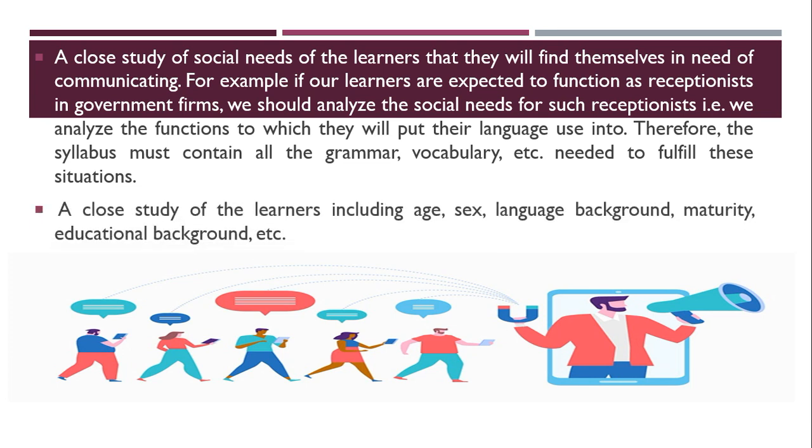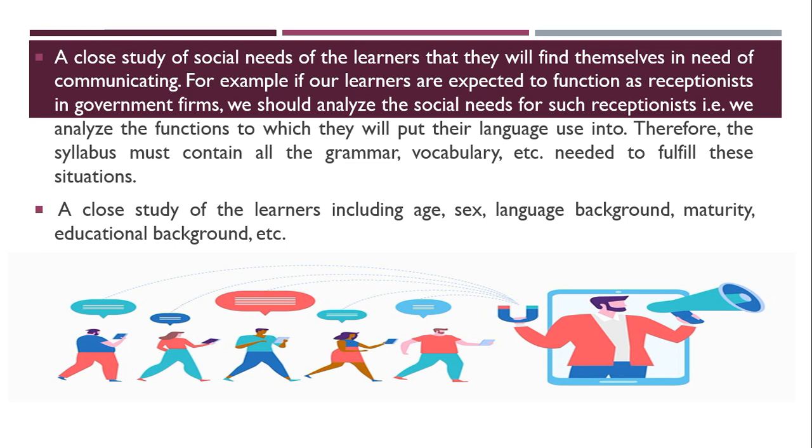A close study of the learners, including age, sex, language background, maturity, educational background, and etc. Let's say I am making a syllabus for the fourth preparatory students, okay? Fourth high school students or preparatory school students.